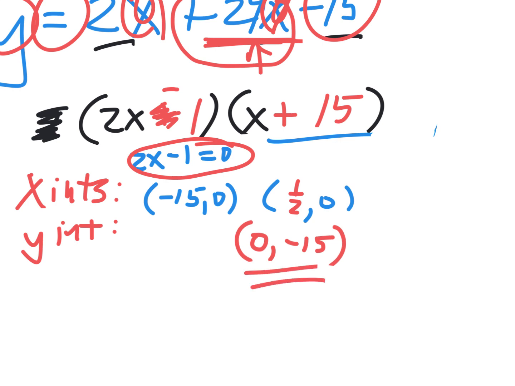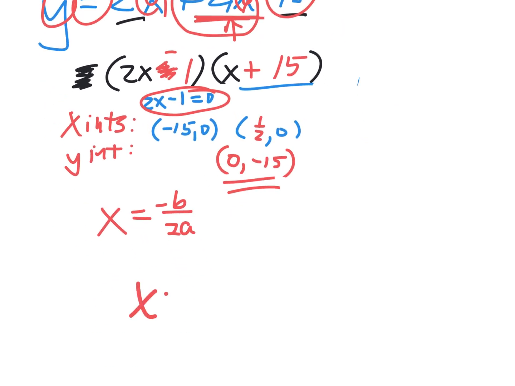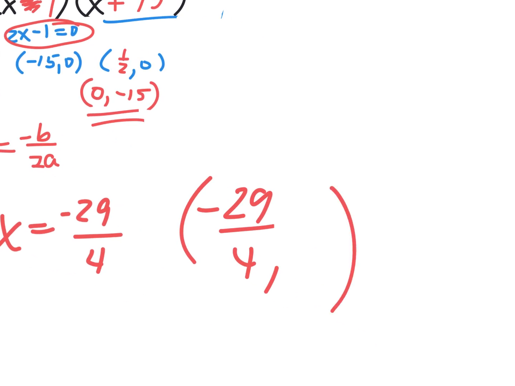Okay, why didn't I have you figure out the vertex? Because it's x equals negative b over 2a is the first part, and that's going to be so painful because it's negative 29 over 4, and it would have just been negative 29 fourths, and at least I could have found the axis of symmetry easy, though. You know what I mean? That wouldn't have been that bad. But if I had to find the vertex, it would have been negative 29 fourths over, and then I put that back in the function.